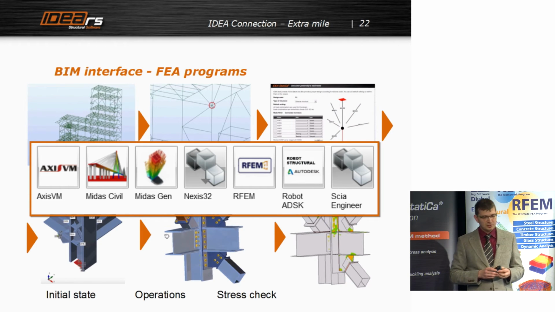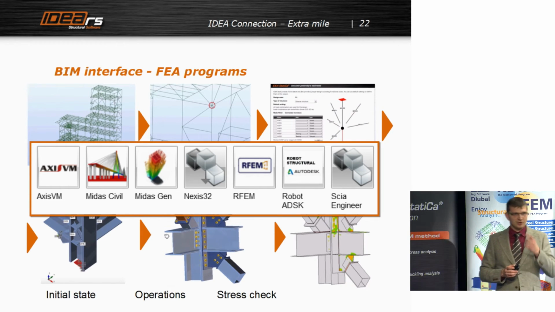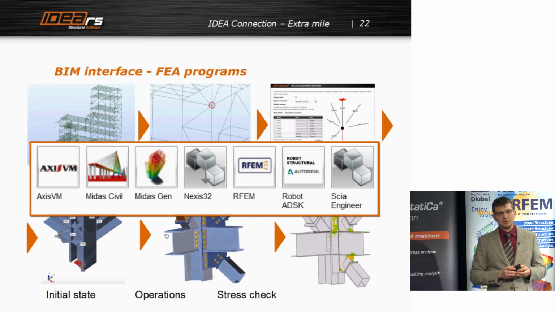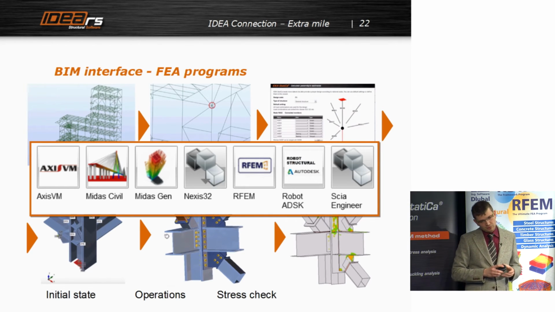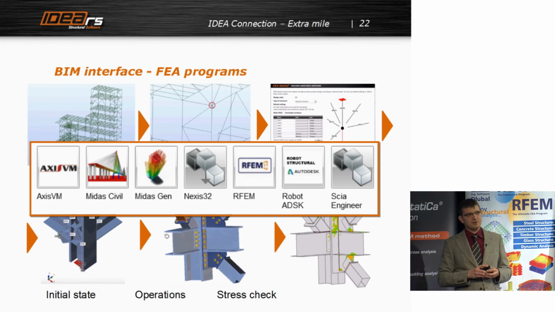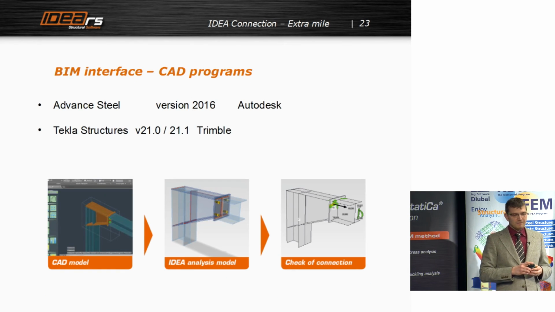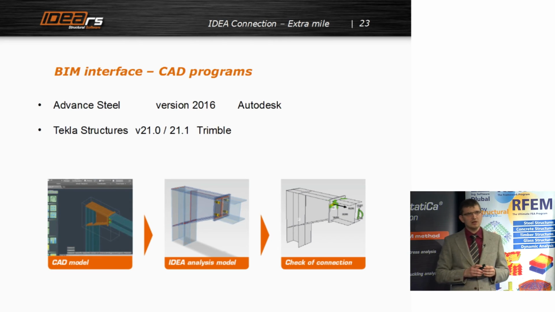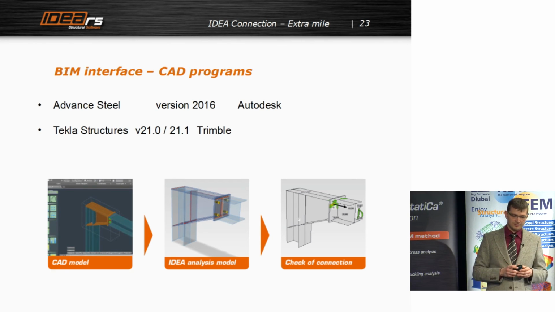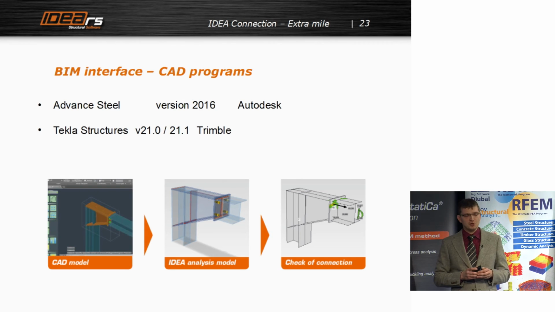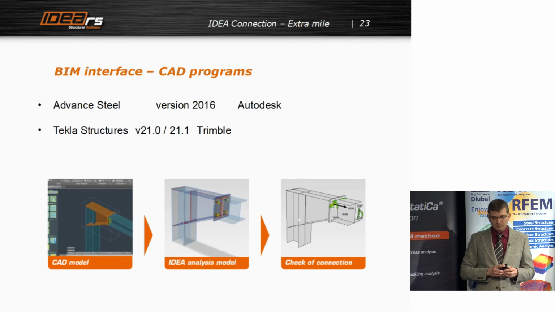Maybe I would mention RFEM, which is quite useful here, as I saw. So it could be a really nice feature for the designers. We also have a link with CAD programs, so we are able to import the whole geometry and the components of the joint from Advance Steel and from Tekla Structures.